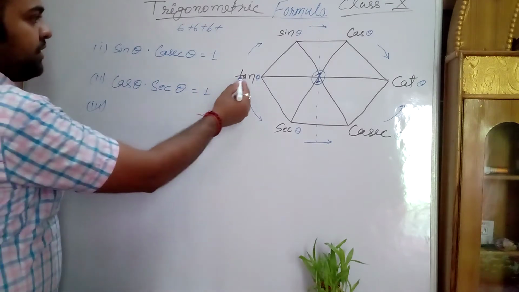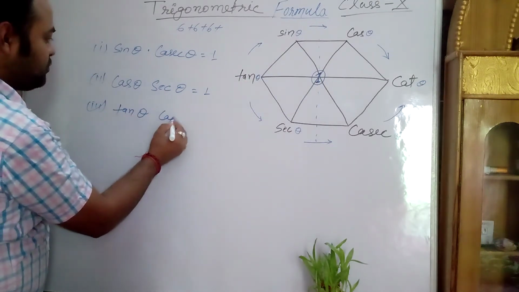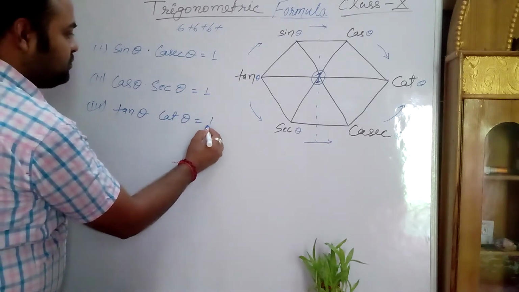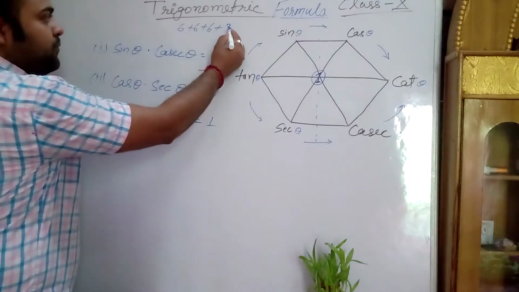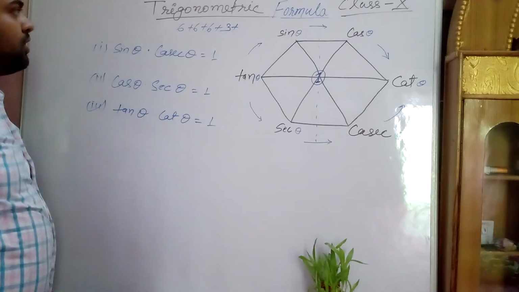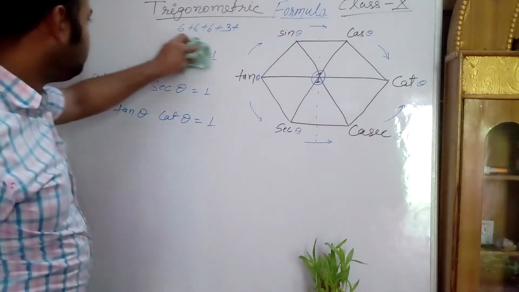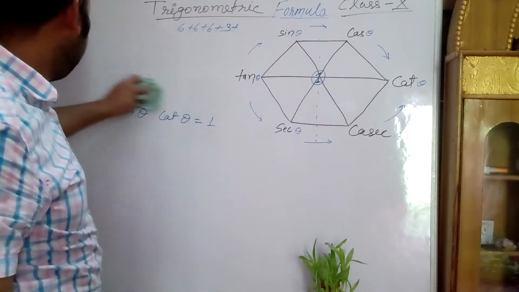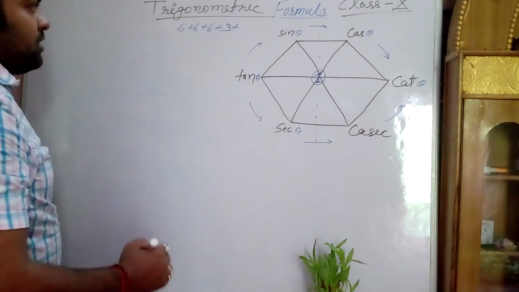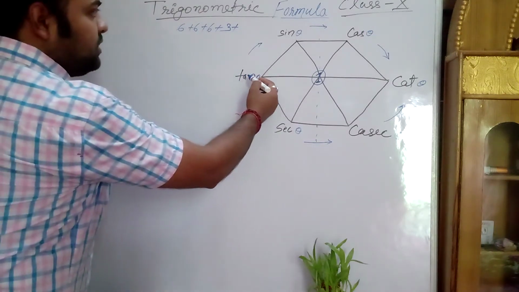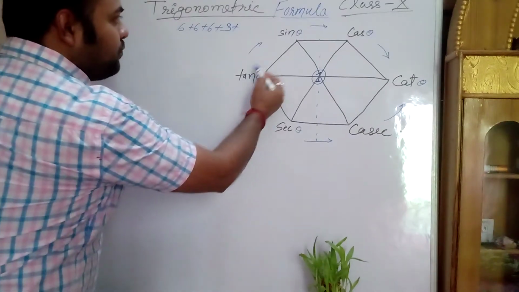Third is tan theta into cot theta is equal to 1. Now we have completed the 3 more formulas. Twenty-one formulas are completed.